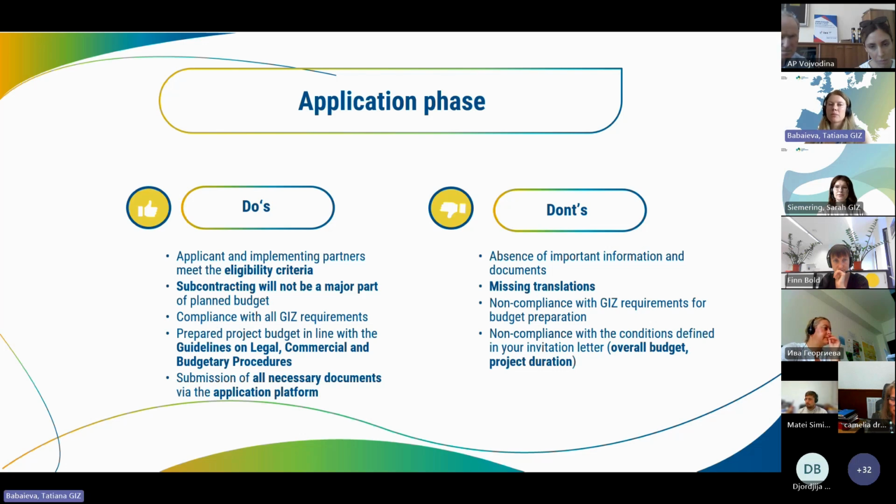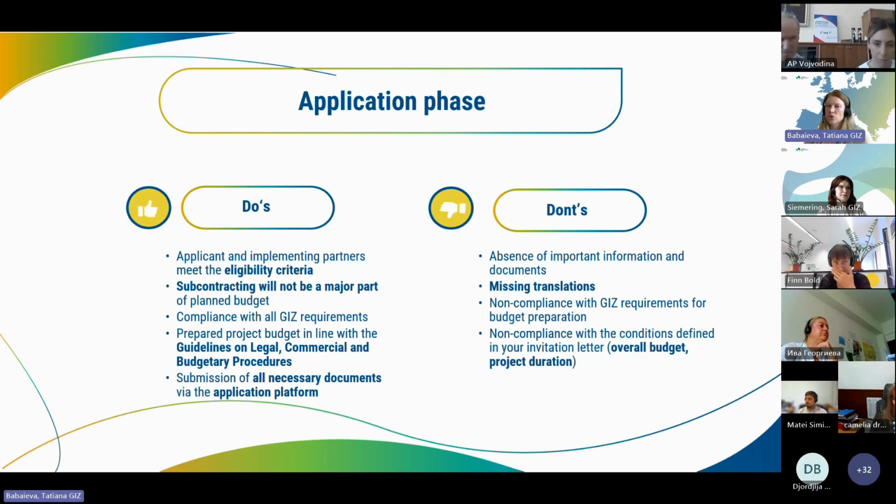Subcontracting will not be a major part of the planned budget. Compliance with all GIZ requirements. Prepared project budget in line with the guidelines on legal, commercial, and budgetary procedures. Submitting of all necessary documents via the application platform.